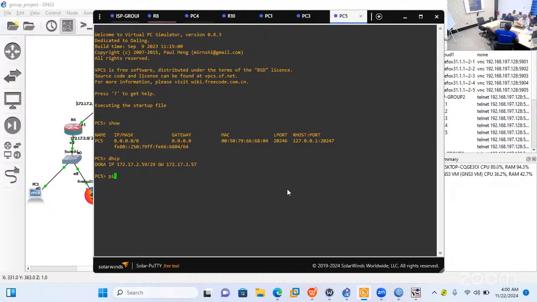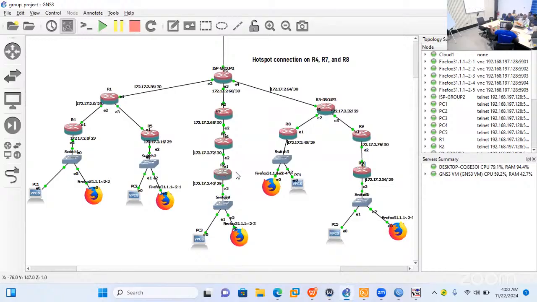So let me ping Google first. We didn't check if your hotspot page was browsing. We'll go back to it. We can't reach out to the internet. All right. You cannot reach out to the internet here too.